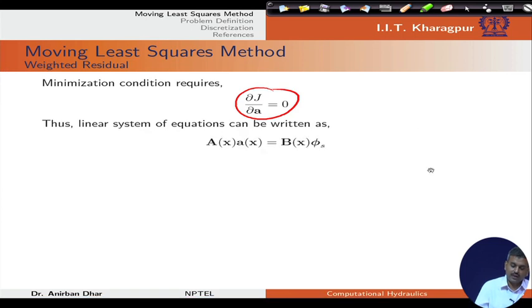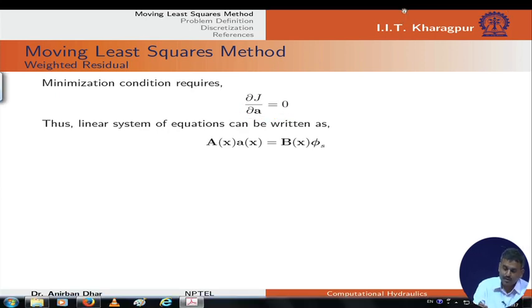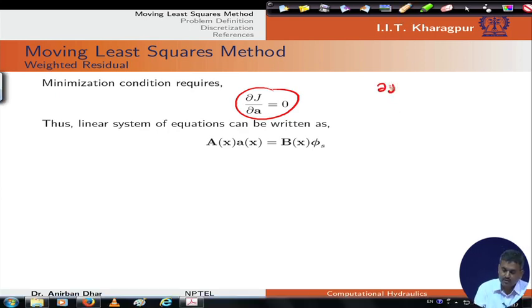If we differentiate with respect to A1, A2, then we will get a system of equations, because individually if we equate with 0, we will get a number of terms for this particular derivative.